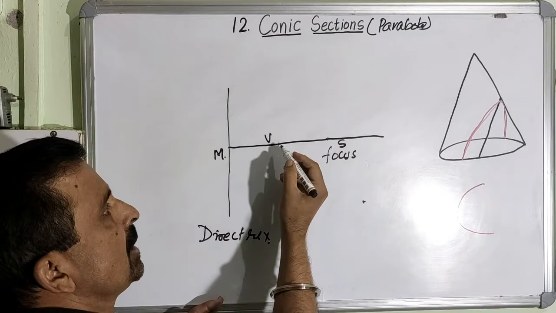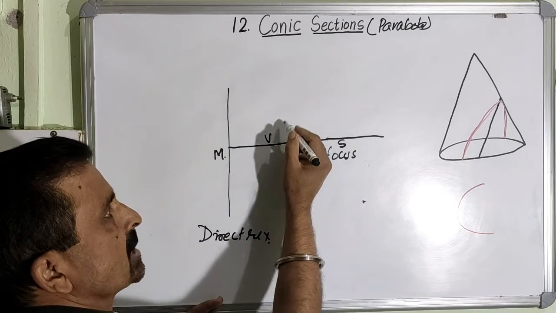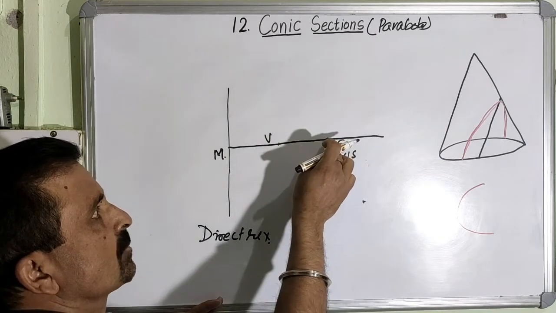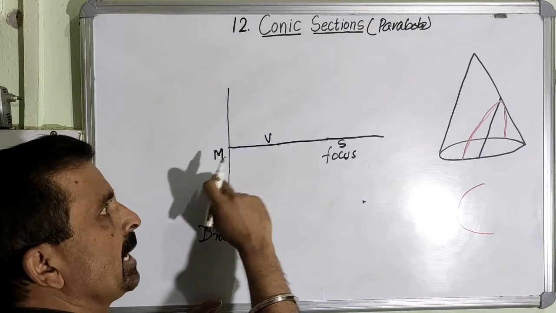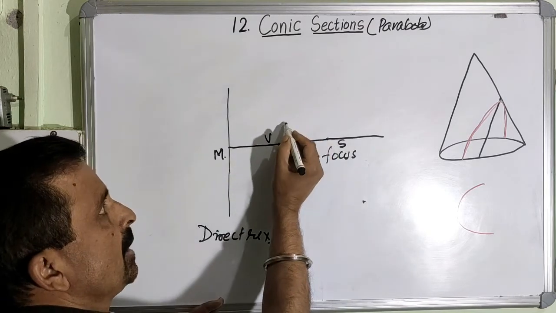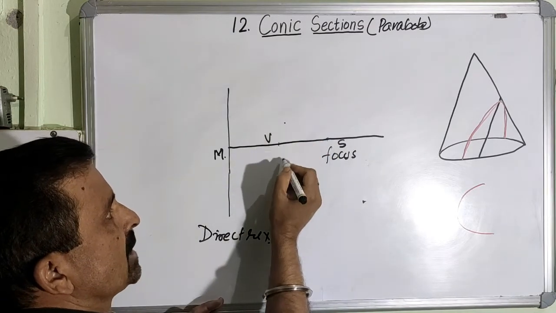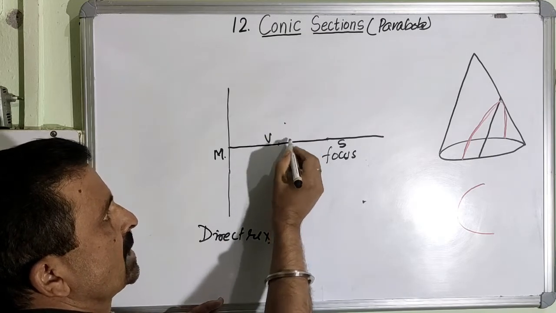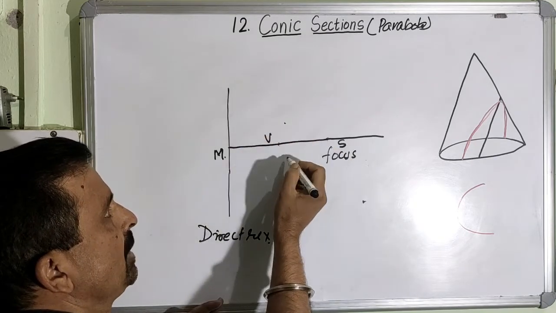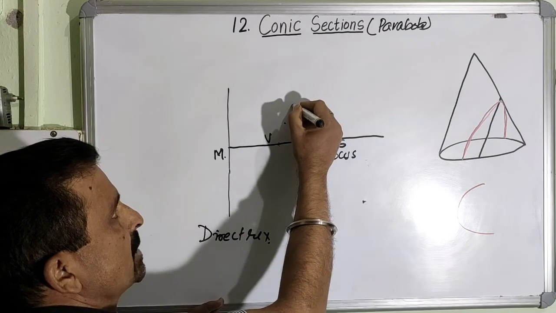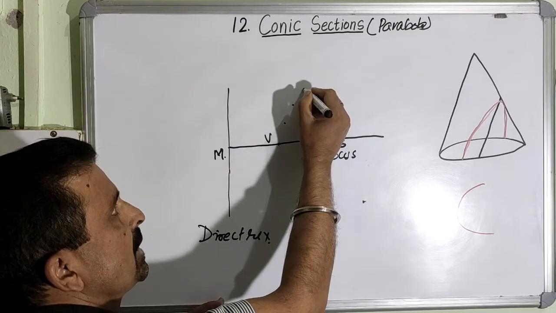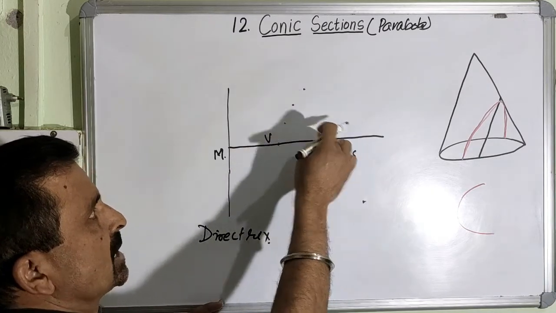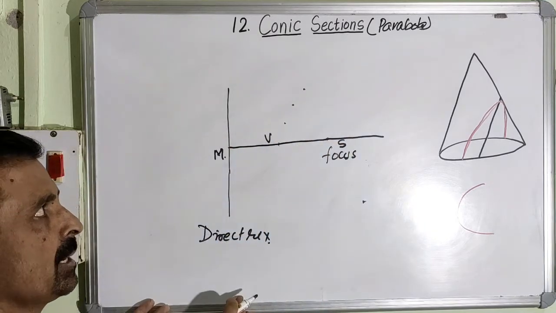Now like this, we can mark a few more points which are at equal distance from the fixed line and the fixed point. Maybe this is a point at equal distance, this is another point at equal distance from S and also from the directrix. Similarly, we can have a few more points. These are all at equal distance from the focus and from the directrix.